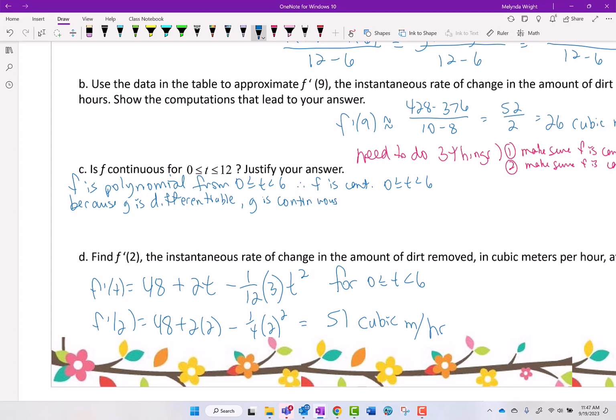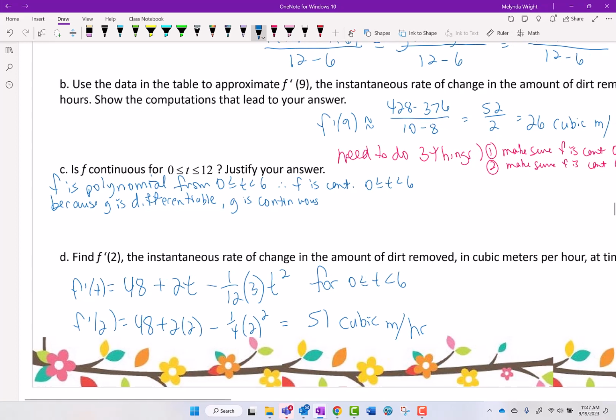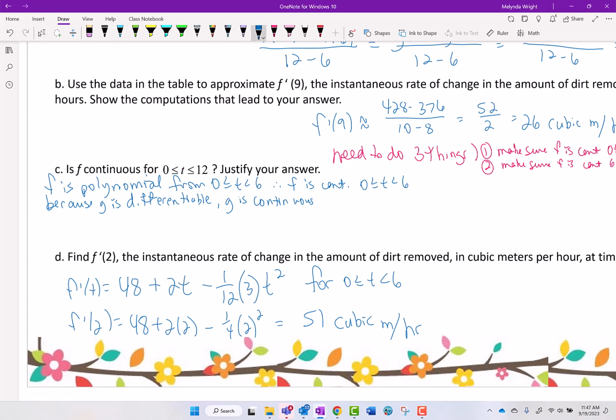So differentiability implies continuity. To be differentiable, you have to be continuous. You don't have a choice. Because g is differentiable, g is continuous, and f of t equals g of t for 6 to 12. Okay, step 2 is done. So great. The second part of my piecewise is differentiable, and so therefore continuous.